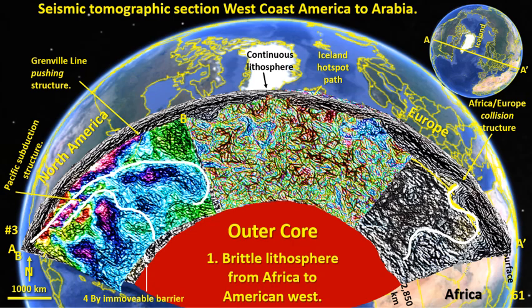You can see the Alps nap structure, which is in exactly the right spot from the shallower geophysics. The whole section has brittle structures from the surface to the outer core.